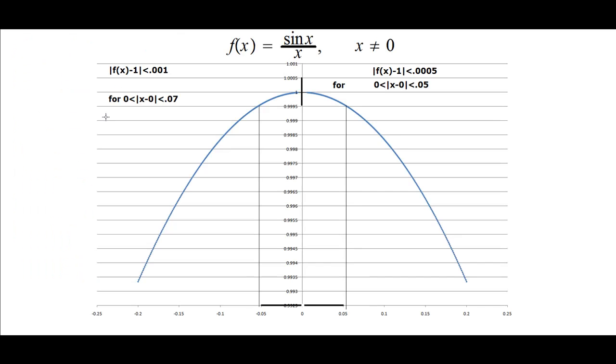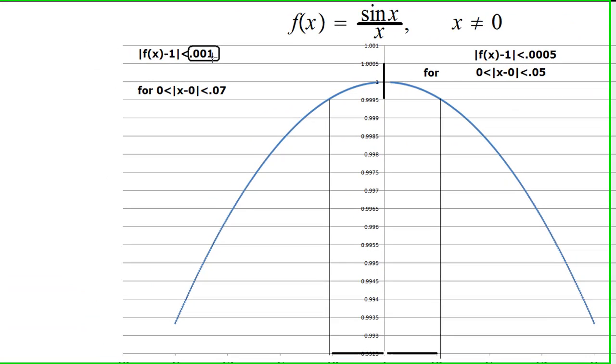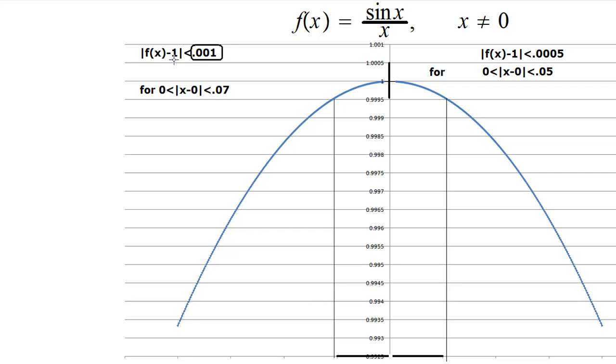Now let's go ahead and get a little more formal. Remember, in our earlier examples, we set a desired proximity level near the limit L, and for that we found how close the x values have to be to A. For 0.001, one of the distances turned out to be 0.07, and if we took 0.005, 0.05 appeared to work.